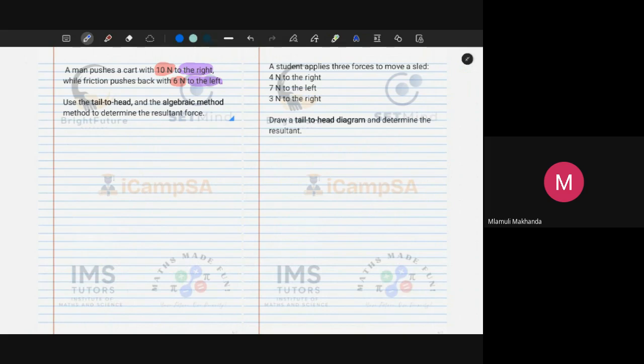When you use the tail to head method, or the graphical method, step one is to choose a scale. I'll tell you what that means.